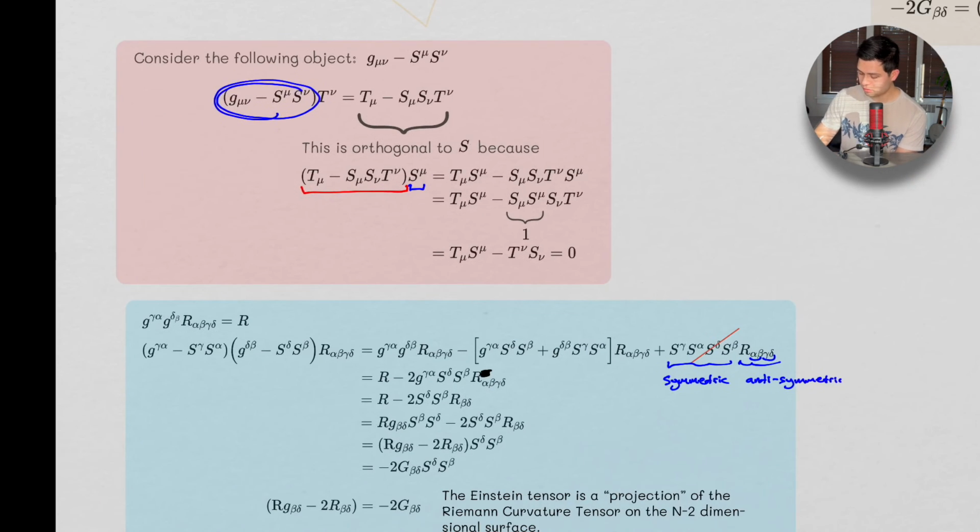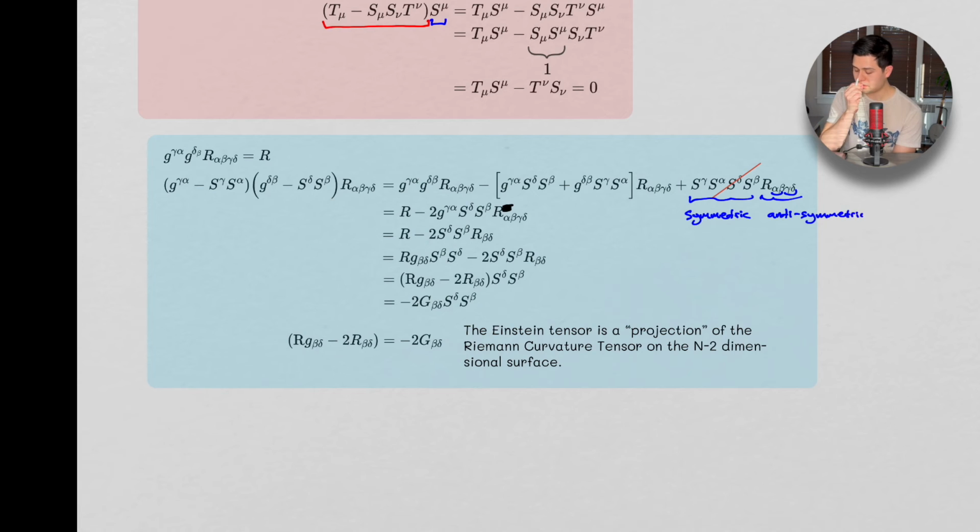So we've now found a tensor that's analogous to the Riemann curvature tensor. It defines curvature, but in 2 dimensions lower than the actual manifold itself. Okay, and why is this important?